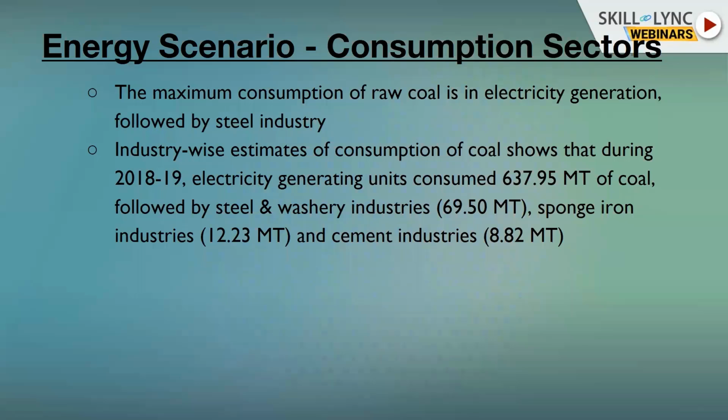In spongy iron industries, they are utilizing 12 metric tons, and in the cement industries, 8.82 metric tons of coal has been used. These are the major industries using coal, because without that coal, they could not achieve their day-to-day targets and day-to-day production.